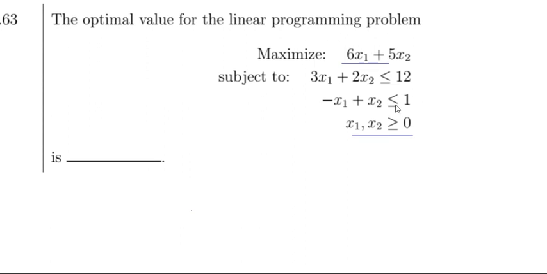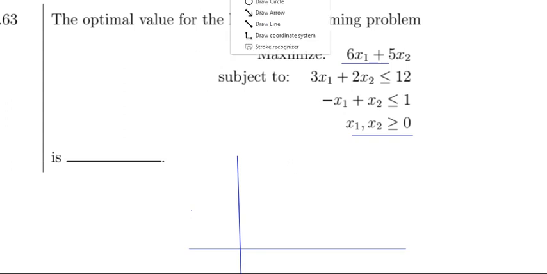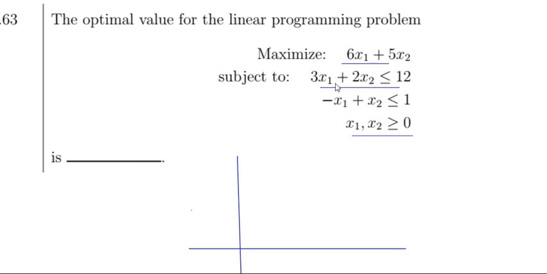First we will draw the graph for this. We will find the coordinate points corresponding to the first constraint, 3x1 plus 2x2 equal to 12.